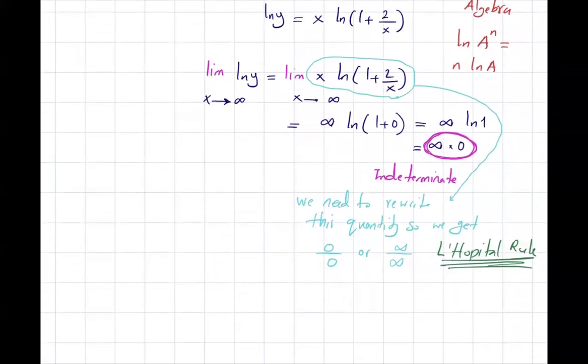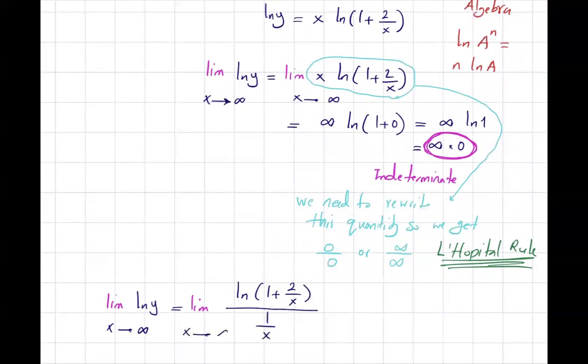I'm going to copy down the whole thing. The limit of ln y as x goes to infinity can be written as the limit of, I'm going to play around with my x a little bit. I'm going to keep my ln(1 + 2/x). Now I'm going to divide this by 1/x, then take the limit as x goes to infinity.